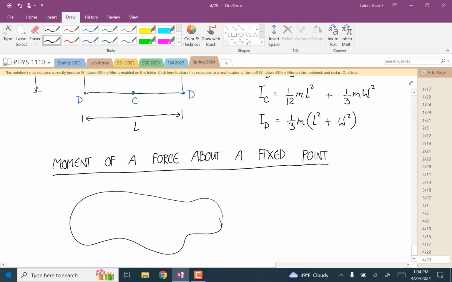And if that is the fixed point, so I'll call that A. And then let's say that a force is applied at some other point. Okay, so this point P is where the force is applied.